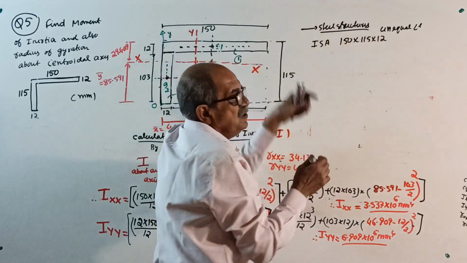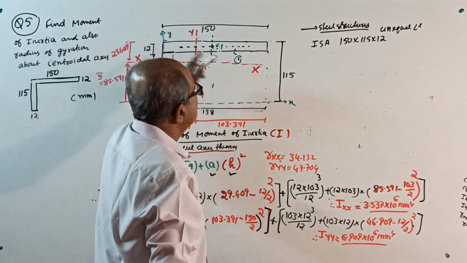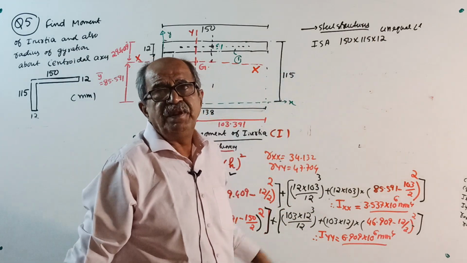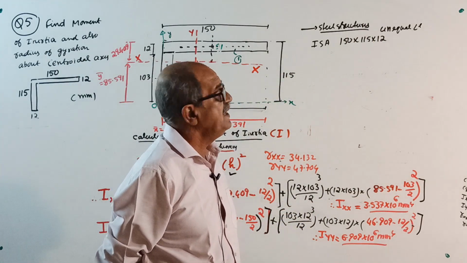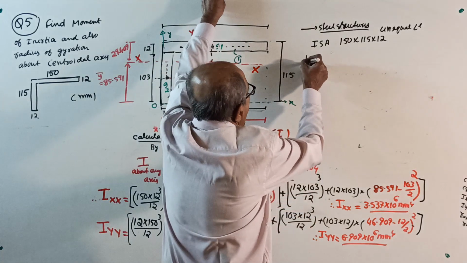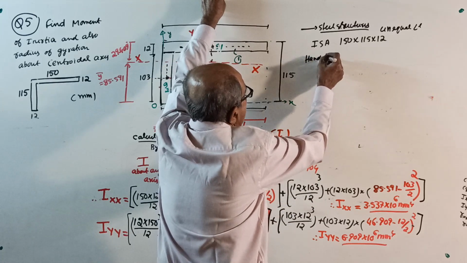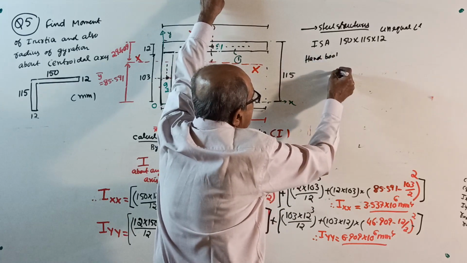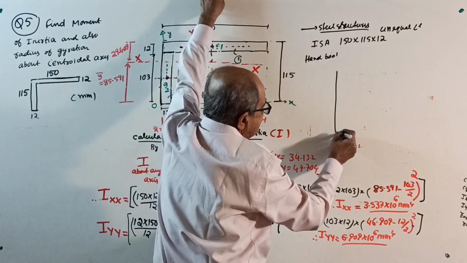That means you place it whichever way you want. Longer leg of 150, shorter leg of 115, both thickness 12. And in the IS handbook, they printed properties this way.